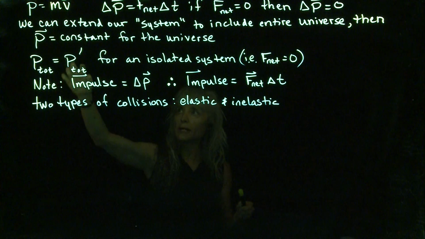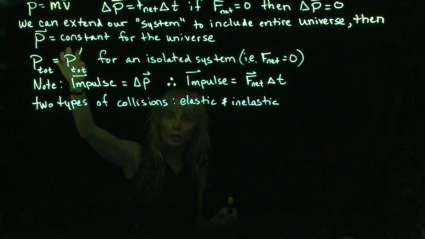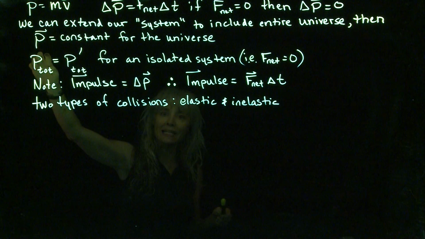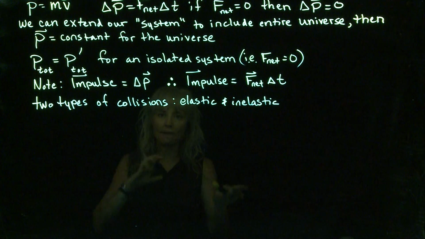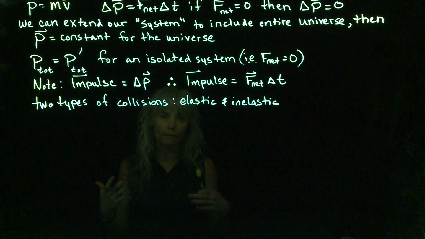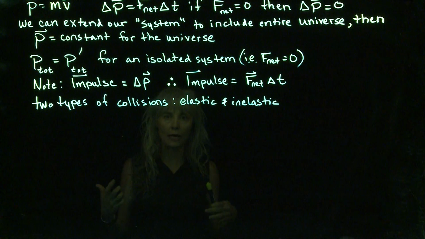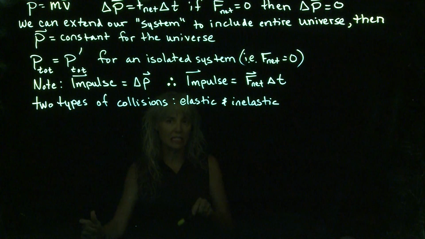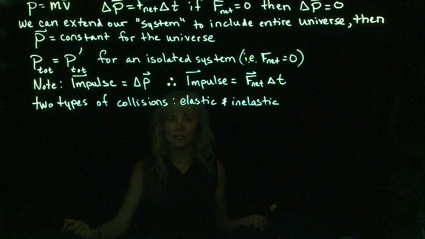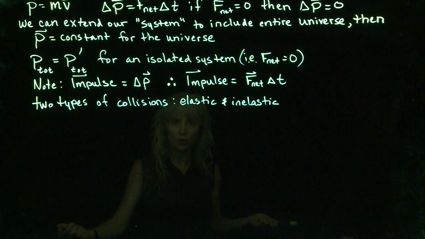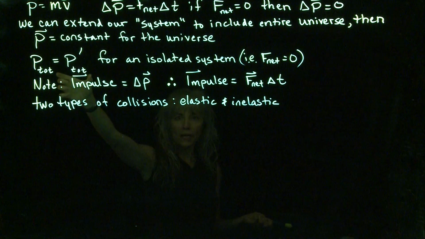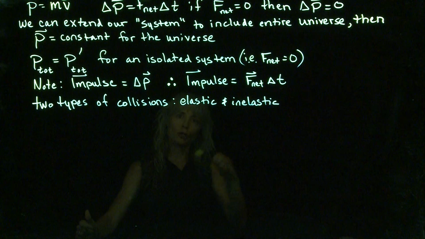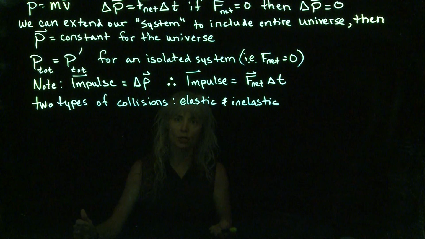Our textbook likes to use prime notation for final and non-primed notation for initial. And I know this diverts from what we were using for initial and final earlier on. It is pretty traditional in all physics textbooks to use different nomenclature in different areas, and I apologize, it's confusing, but I want to stick with the nomenclature in the textbook so that you don't get confused by looking at these videos and then looking at your textbook.